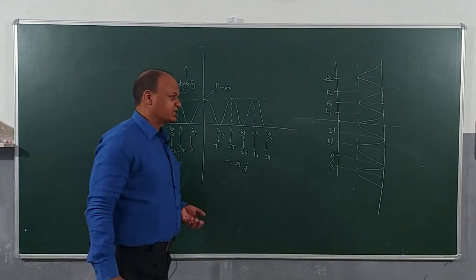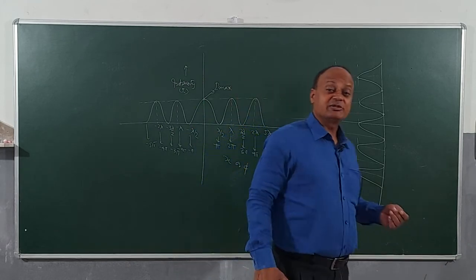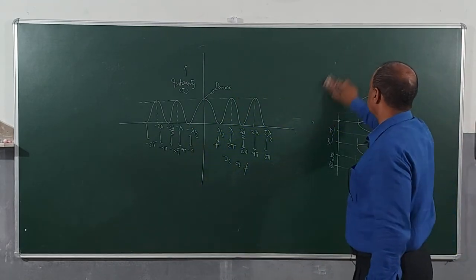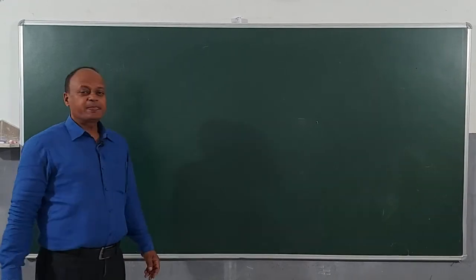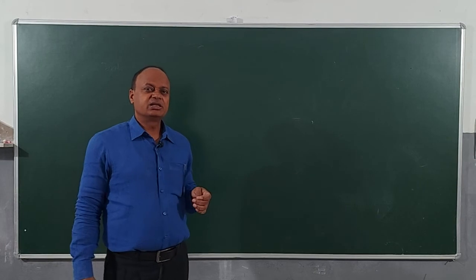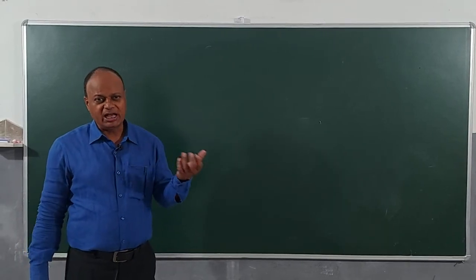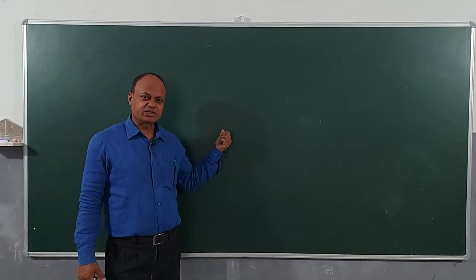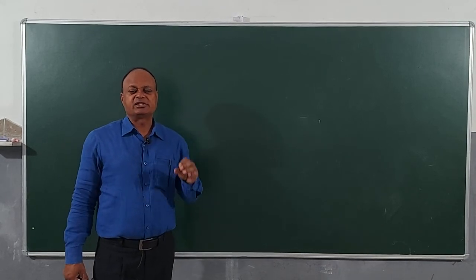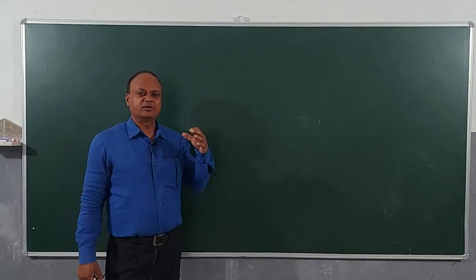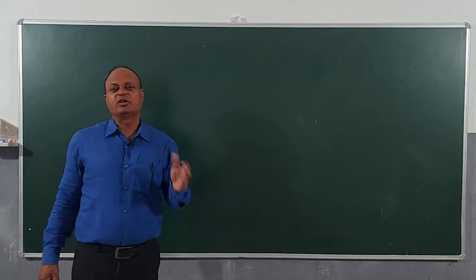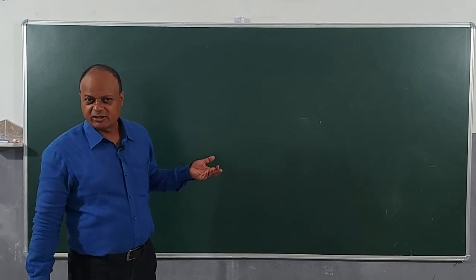Now there are certain questions which are framed based on the double slit experiment, which we should also discuss. Many times they will ask you questions on this, like what will happen if one of the slits is blocked, if the slits are made narrower, if the slits are made broader, if the distance between the slits is increased, if yellow light is replaced by red light, and all these things.